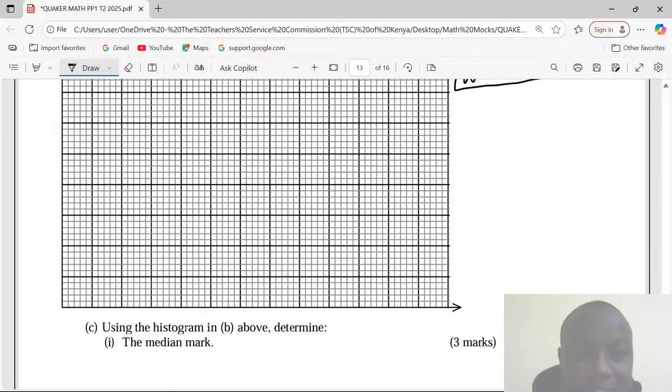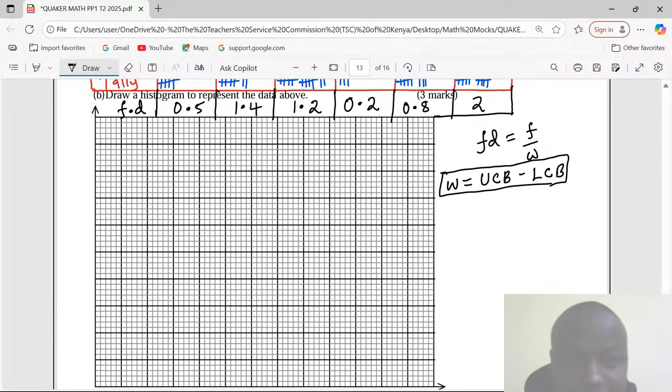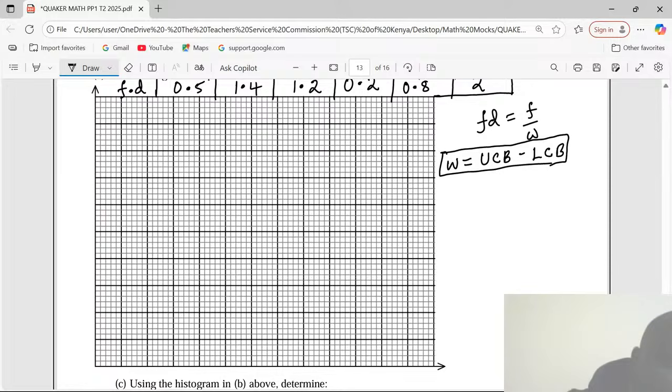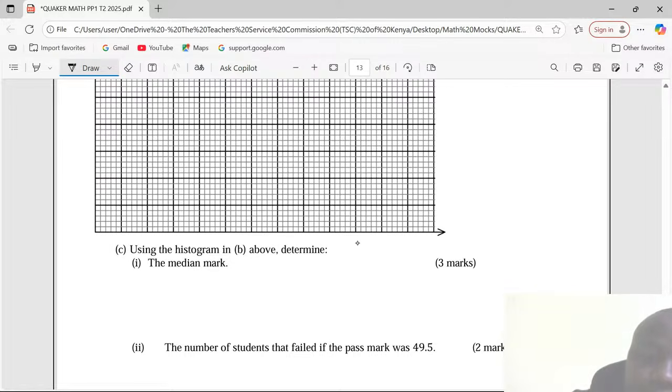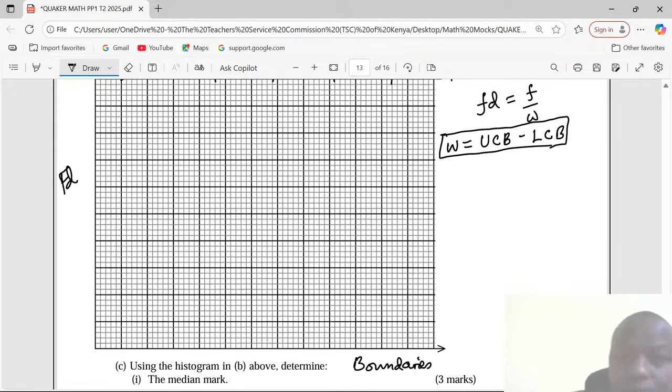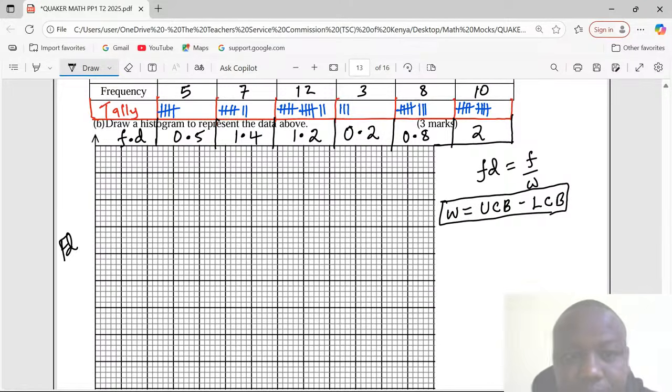The axis has already been plotted. So we are supposed now to plot frequency density for this type of data against the class boundaries. For the class frequency densities, we can use intervals of 0.2.